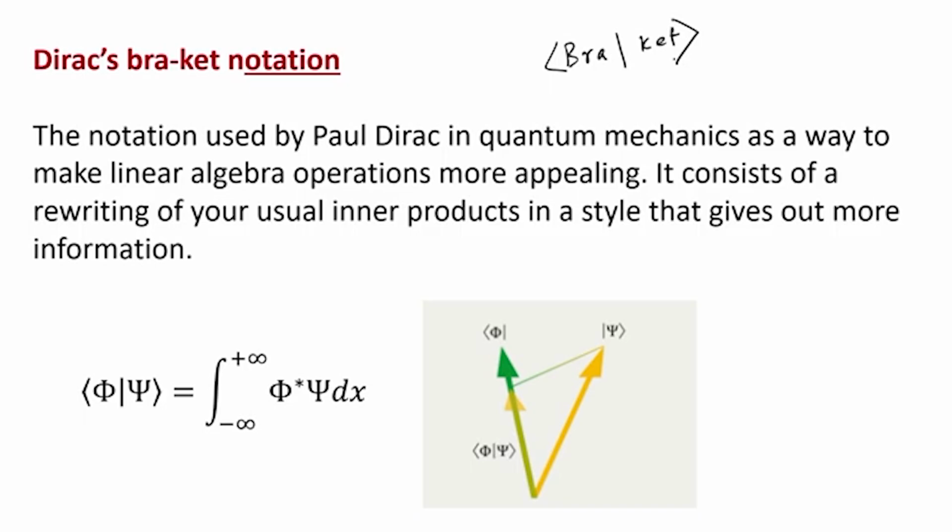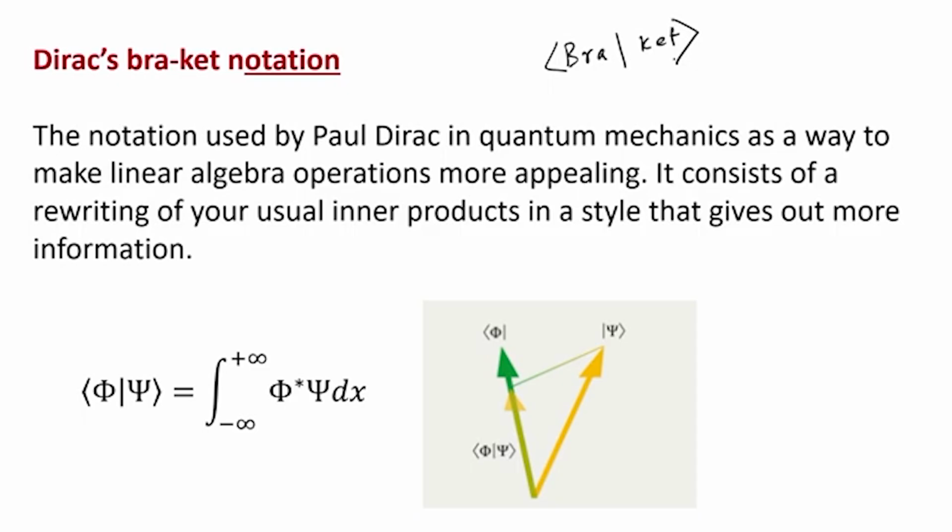So, this is the notation used by Paul Dirac in quantum mechanics as a way to make linear algebra operations more appealing and simpler too, and it consists of rewriting the usual inner product in a style that gives out more information. And what is an inner product?